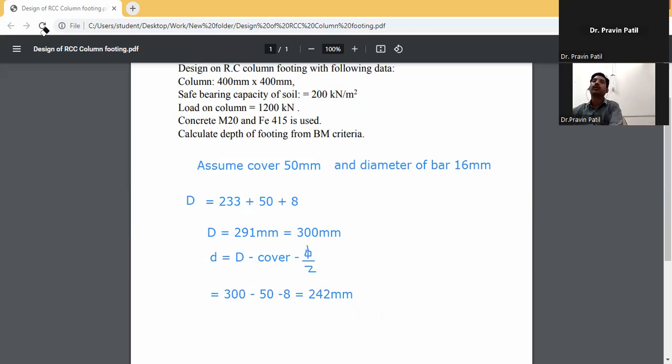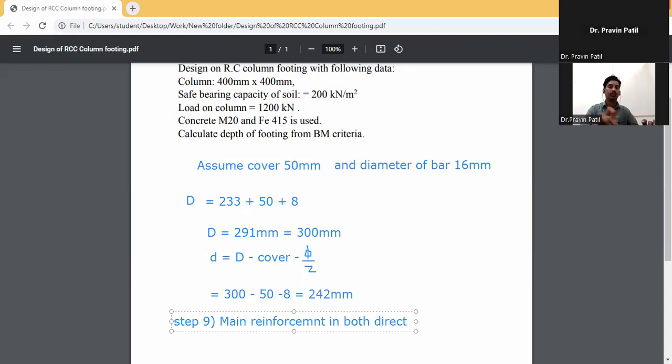Then step number 9, sorry, not 8: main reinforcement in both direction.